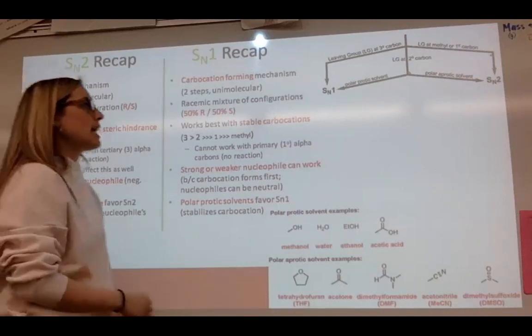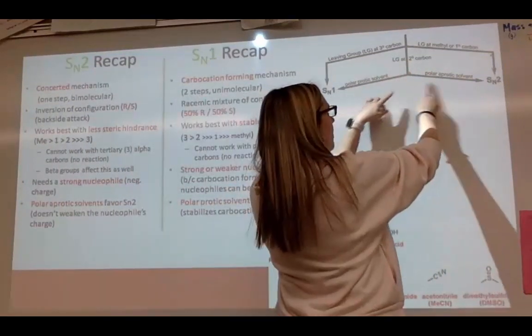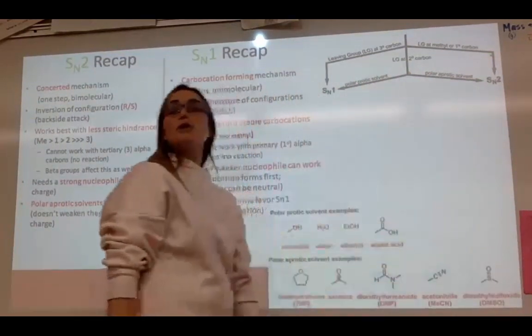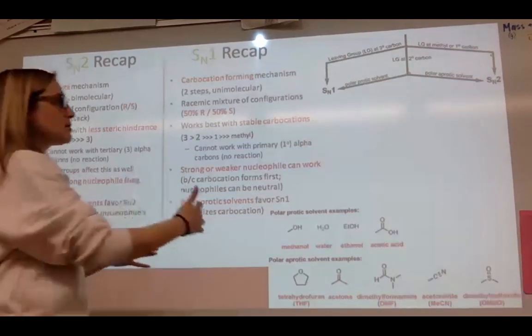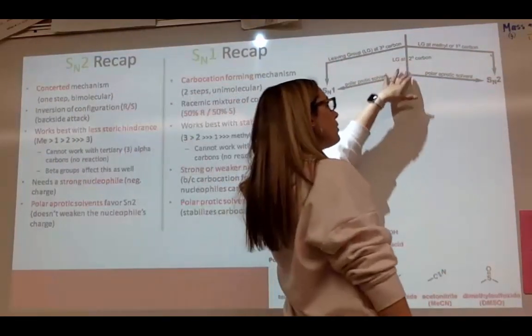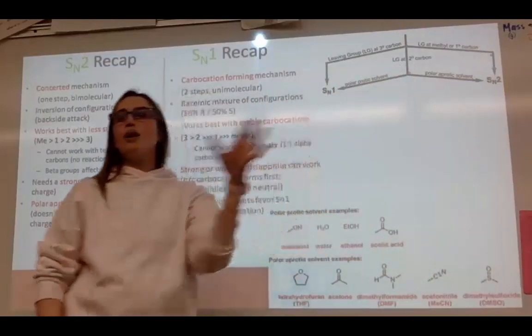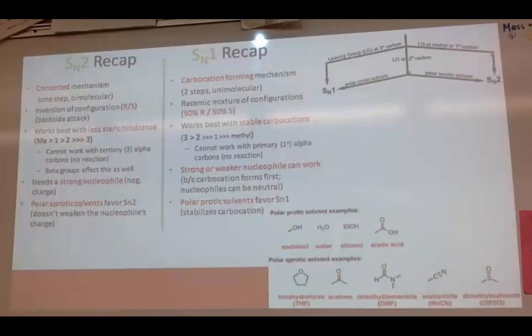It's when it's at a secondary carbon that you could actually have either one, and that's where you look at the solvent. The type of reaction that occurs is based on the type of solvent that you would have. So that's kind of looking at the different types of reactions. We're going to go through this decision making for which way do we go, how do we tell what type of solvent it is. We'll look at the practice within the slides to look at each one.